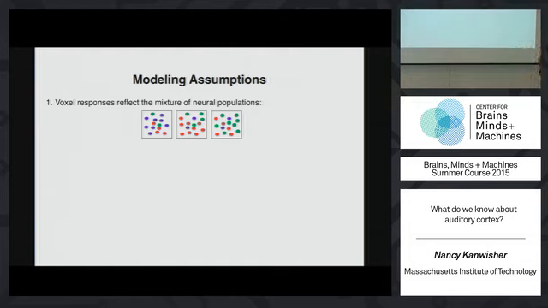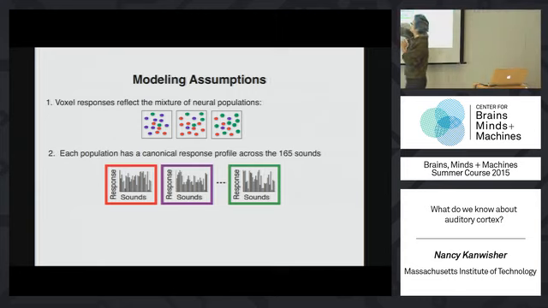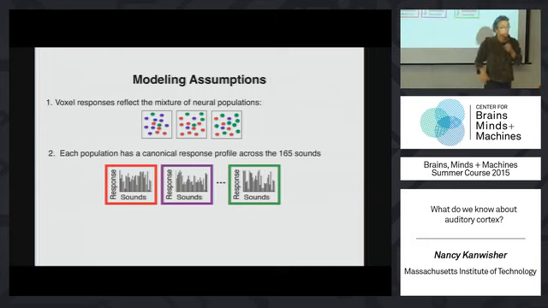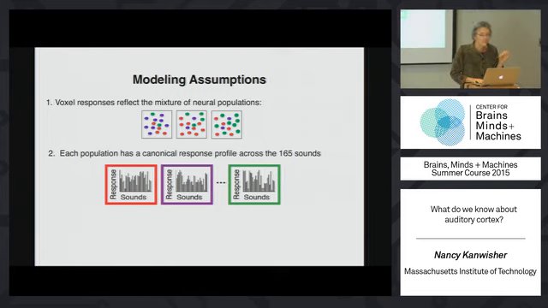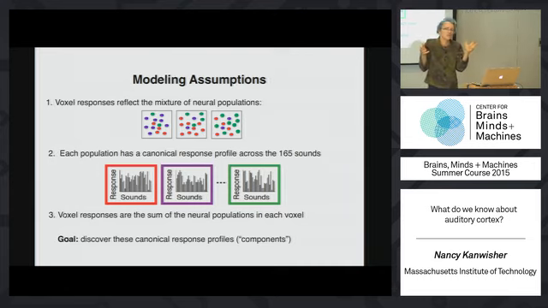And further, we assume that there's a smallish number of canonical response profiles, such that we can model the response of each voxel as a linear weighted sum of some small number of components. The goal then is to discover what those components are. And the idea is that each component is basically the response profile and the anatomical distribution of some neural population.